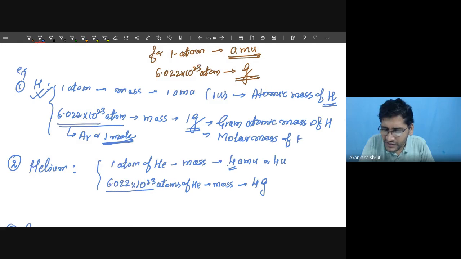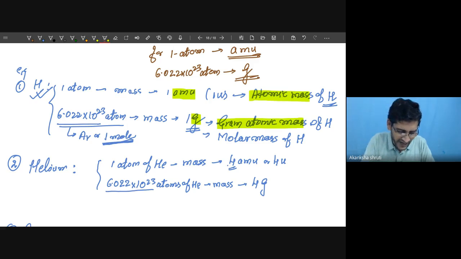Taking this mole, it is also called the molar mass of hydrogen. So student, these three terms: atomic mass, expressed in U or AMU. Gram atomic mass means the same thing, but the unit becomes gram, and it is a representation of the Avogadro number, or 6.022 into 10 to the power 23 atoms.